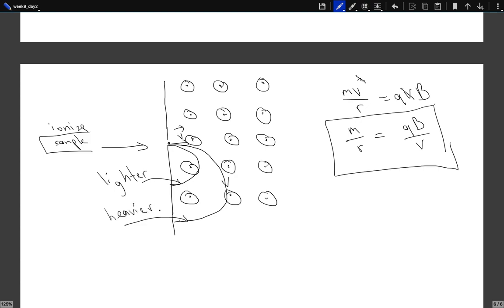In fact, if you know v, if you know B, if you know the charge q, which most of the time will probably be 1, you can actually measure the mass itself by just measuring this radius. And in fact, this mass spectrometer is what led to the discovery of the isotopes.